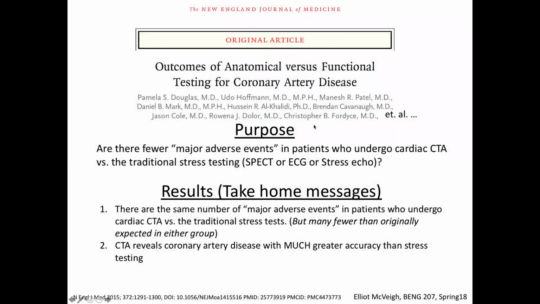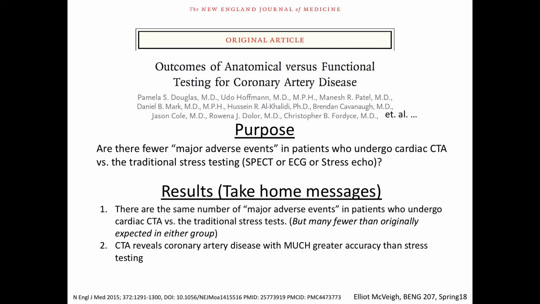This trial was done, I think, from 2007 through 2015. It's a very large trial and was quite expensive. The title of the paper is Outcomes of Anatomical versus Functional Testing for Coronary Artery Disease.